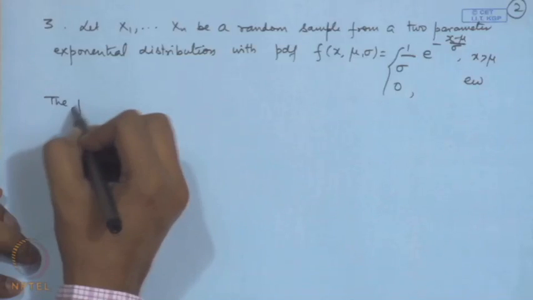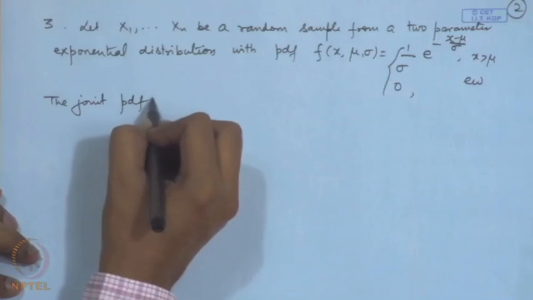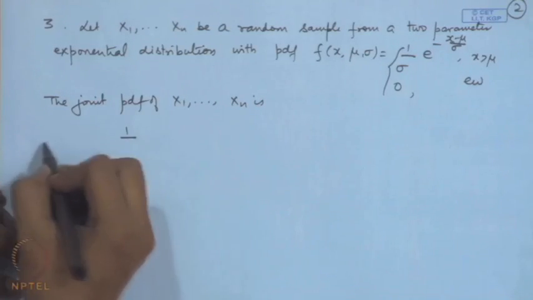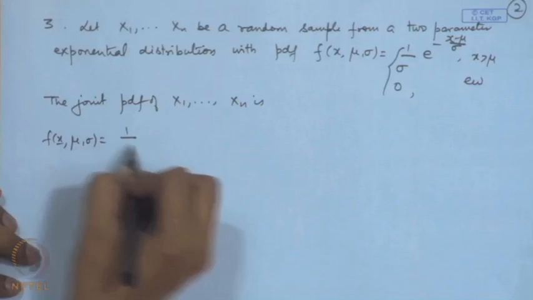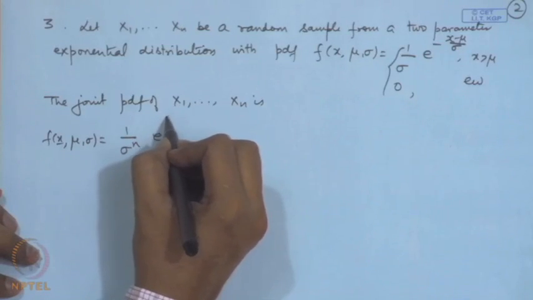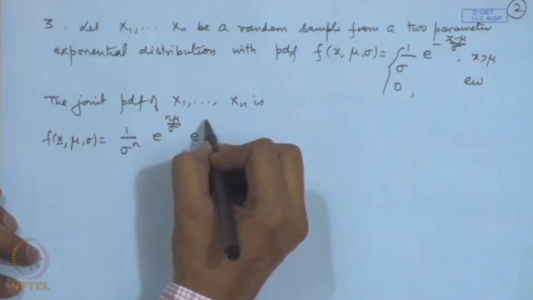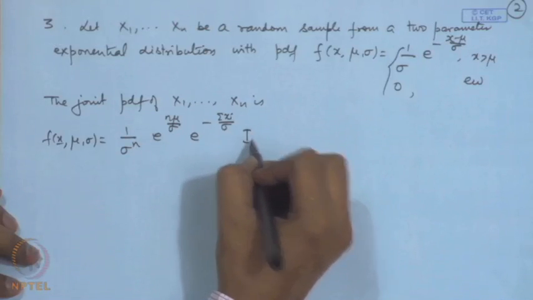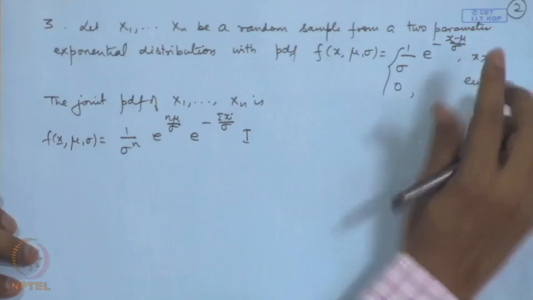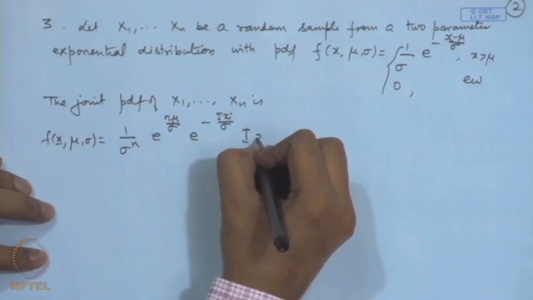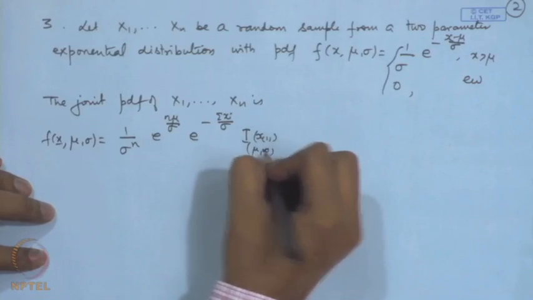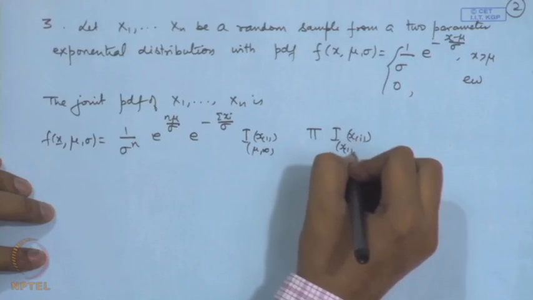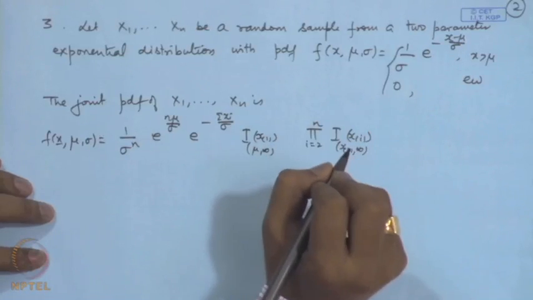Once again the joint probability density function of X1, ..., Xn is now 1 by sigma to the power n, e to the power n mu by sigma, e to the power minus sigma xi by sigma, and once again the condition that each xi is greater than mu I can express in terms of the indicator function, like X(1) is from mu to infinity and the other xi's are from X(1) to infinity, i equal to 2 to n.